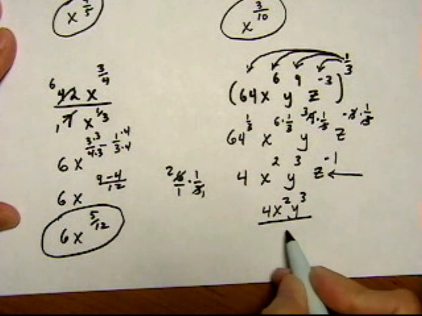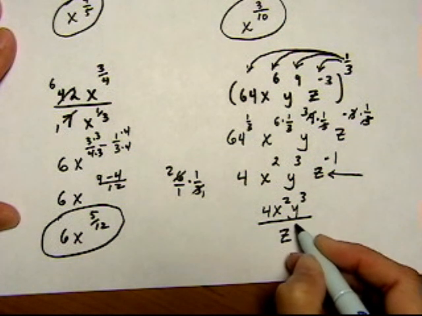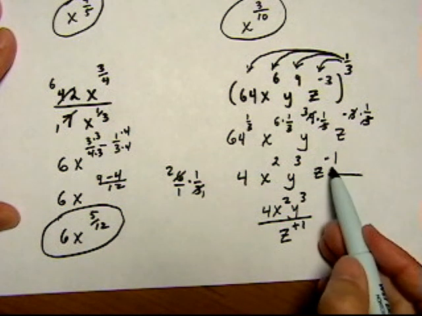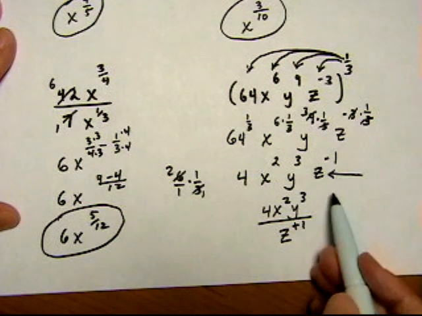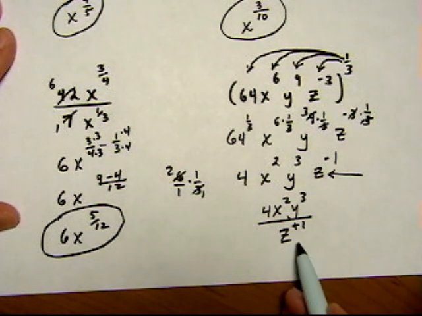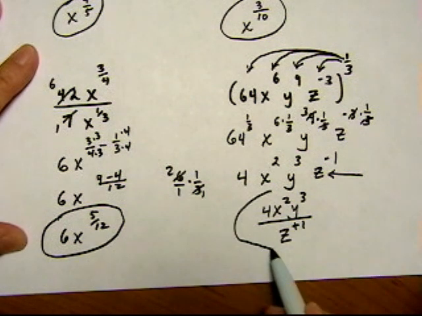Shift down the one with the negative exponent, and the exponent becomes positive. Now you don't have to write the 1 here, but I'm just going to put plus 1 so you can see what happened. It was in the numerator as an exponent of minus 1. When you shift it to the other position of the fraction, the negative becomes a positive exponent. And there would be our final answer.